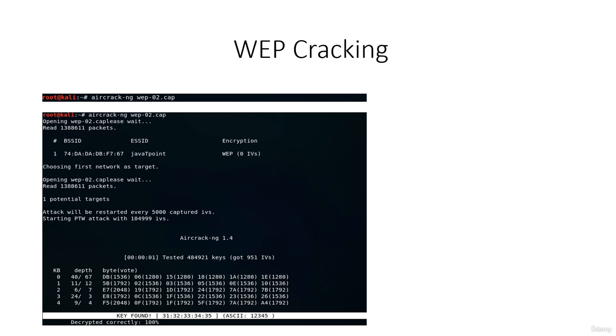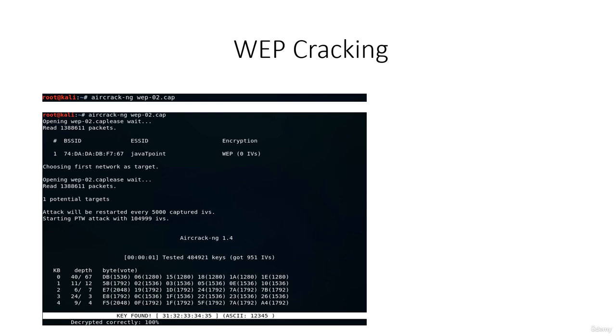So you have to be patient. WEP cracking, or WPA or WPA2 cracking, is going to take some time, hours and hours. So just be patient and wait until aircrack can successfully crack the WEP key.